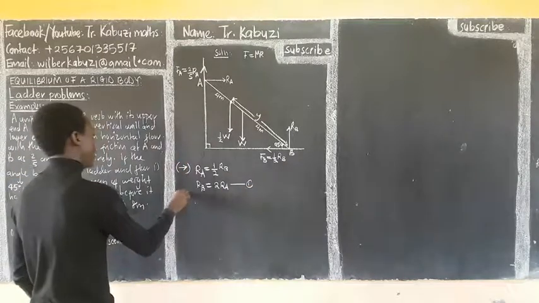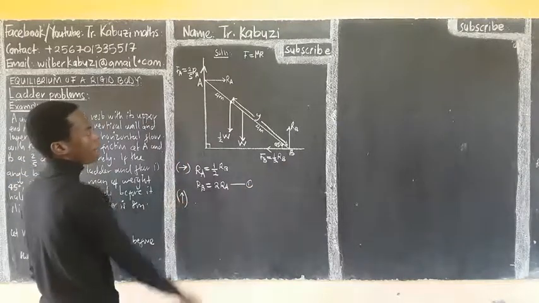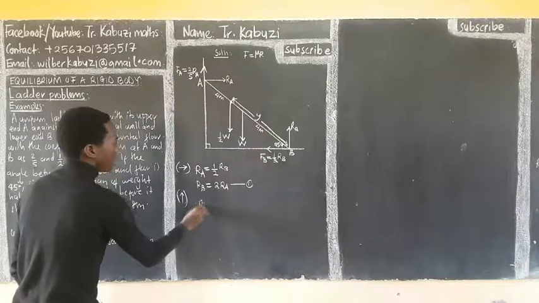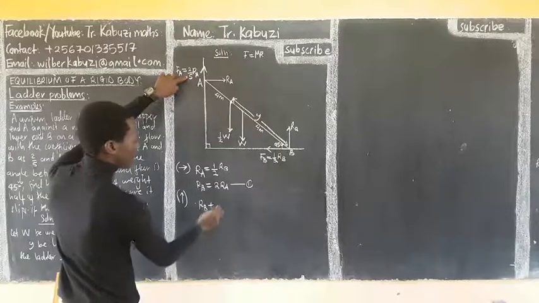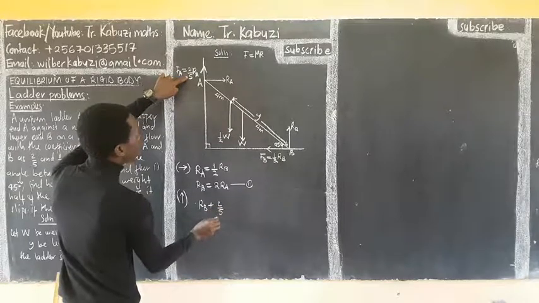Then I resolve vertically. When I resolve vertically, what do we have? R B plus R A. These people forget this, but don't be one of them.